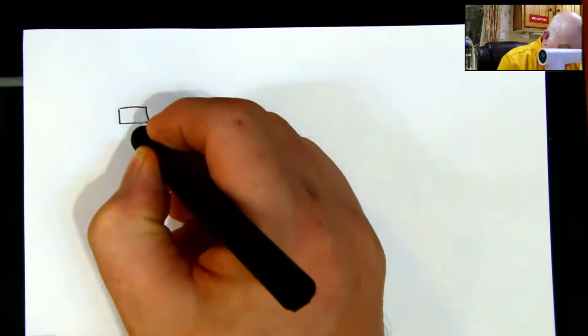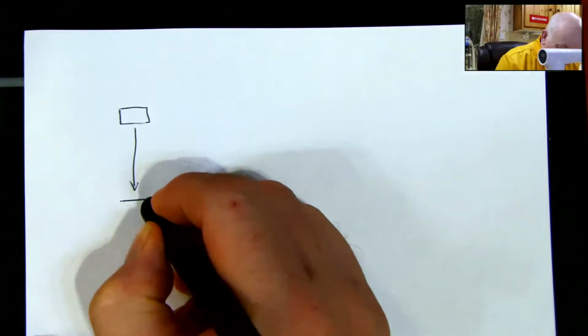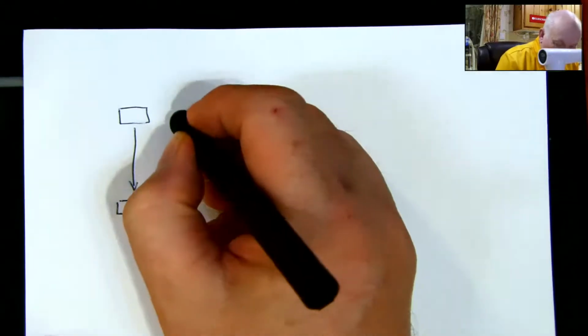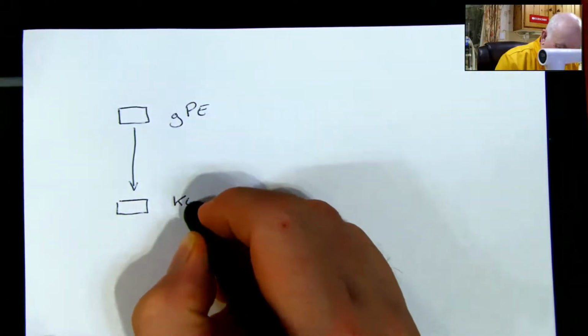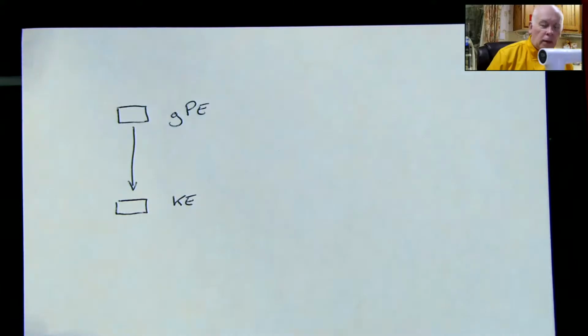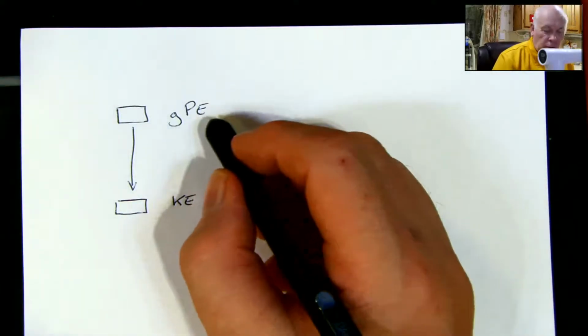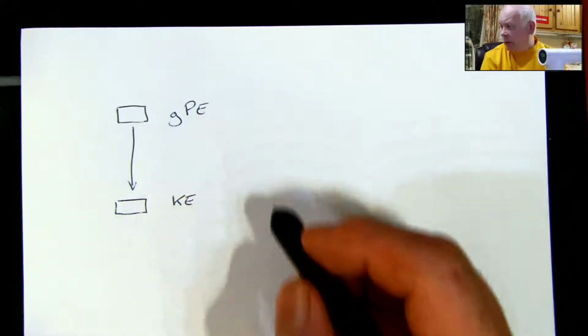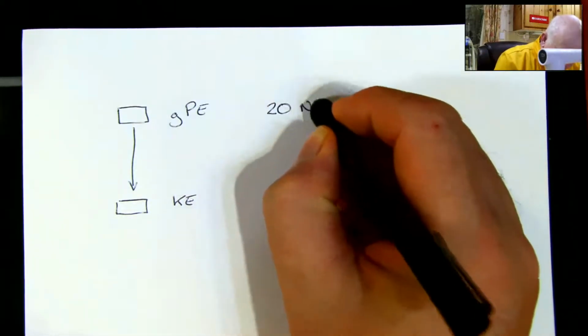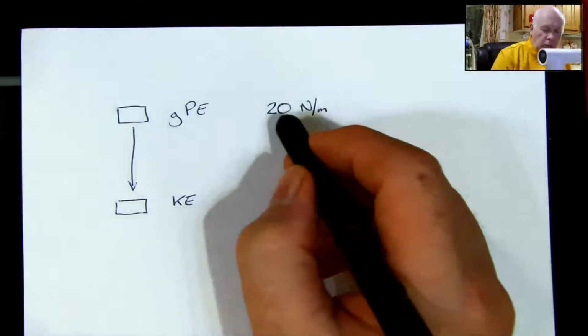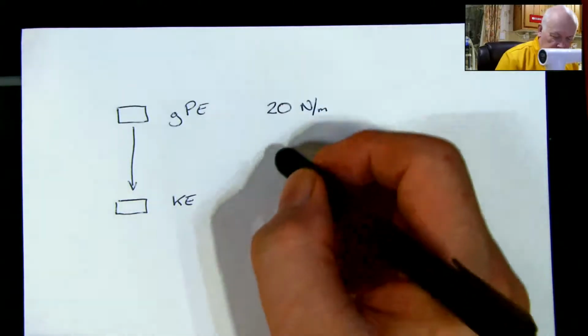Well, when we let go, what's going to happen is my block that I've raised is going to fall. And my gravitational potential energy is going to be turned into kinetic energy. So we had 20 Newton meters of gravitational potential energy.